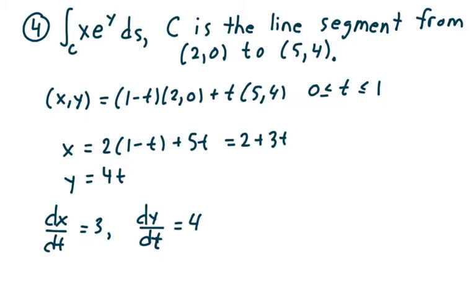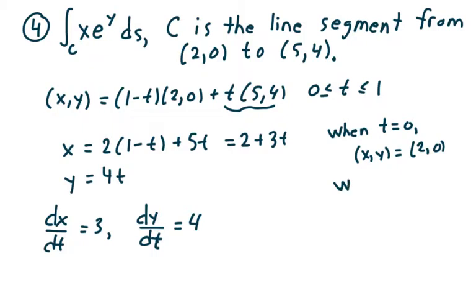And I want you to observe something. Notice, when t is 0, if I plug 0 in for t, this piece goes away, and I get essentially 1 times (2,0). So my xy would be (2,0).